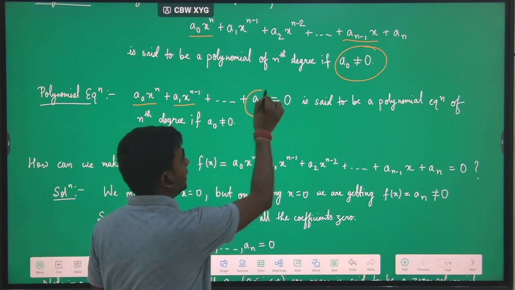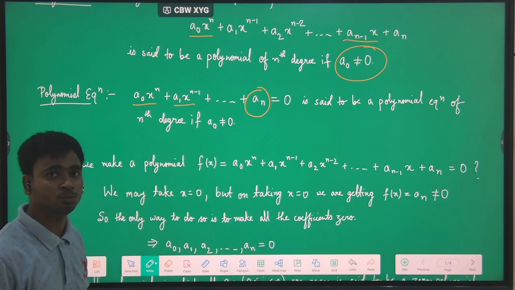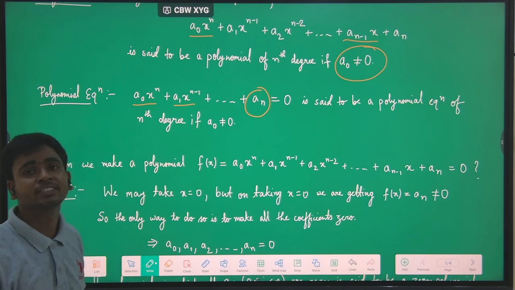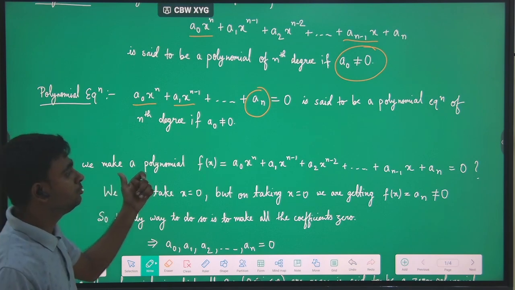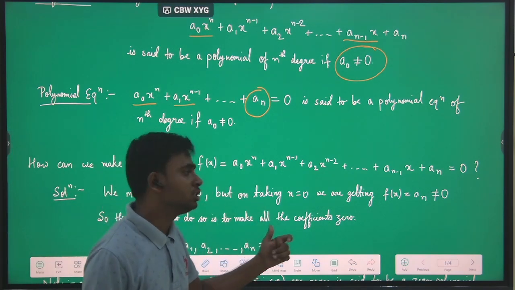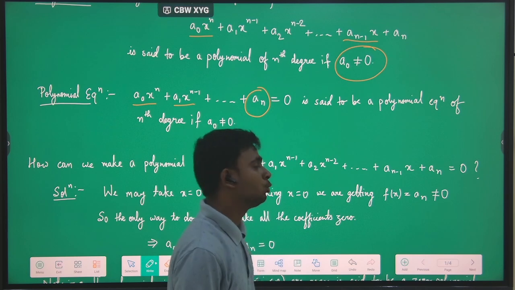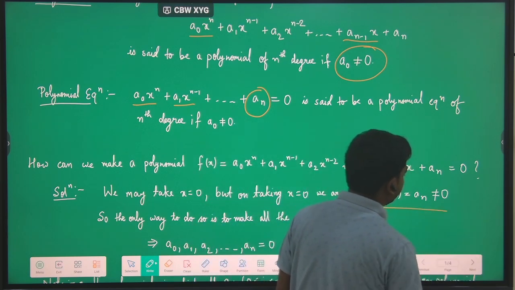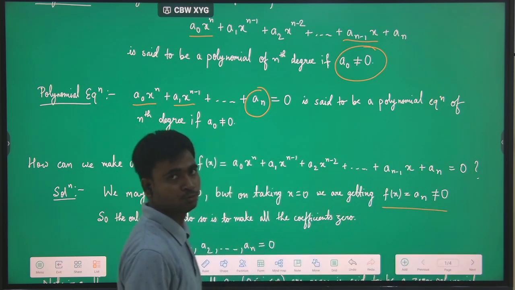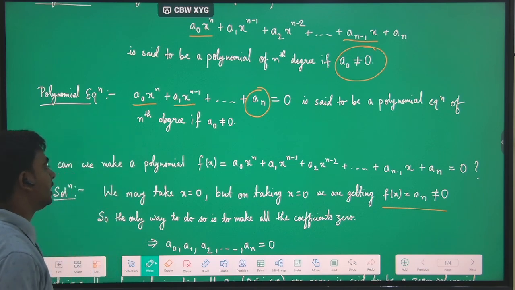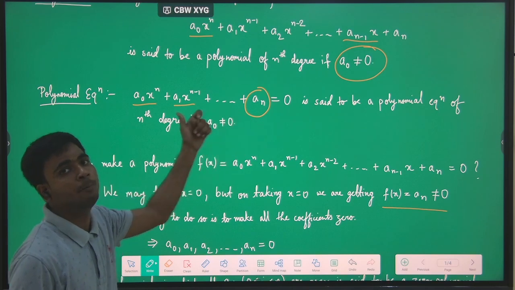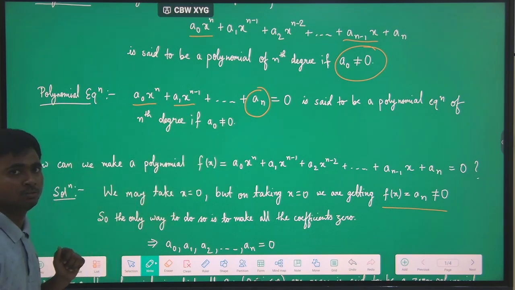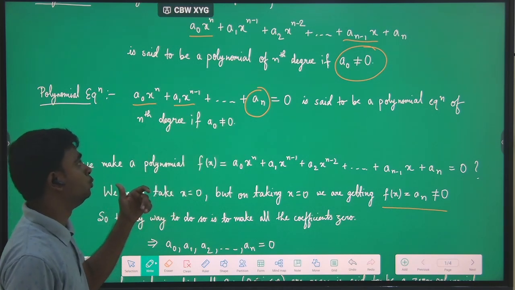But the last term, an x to the power 0, doesn't become 0 because x to the power 0 is 1. So this whole f(x) becomes equal to an, which is not equal to 0. Okay, so that is why we cannot make this polynomial equal to 0 by taking x equal to 0. So what can we do?